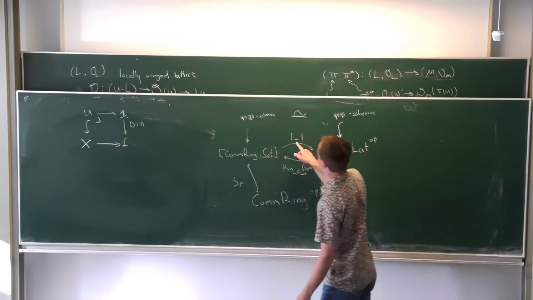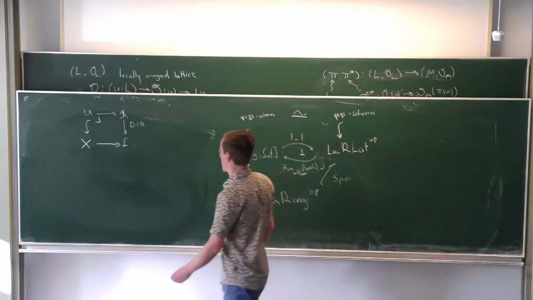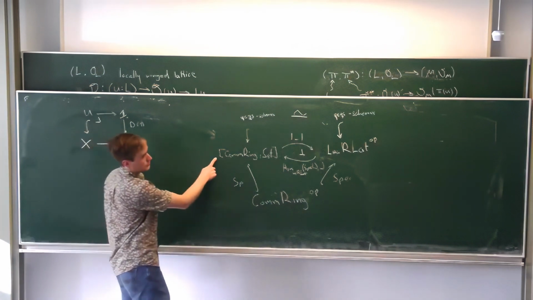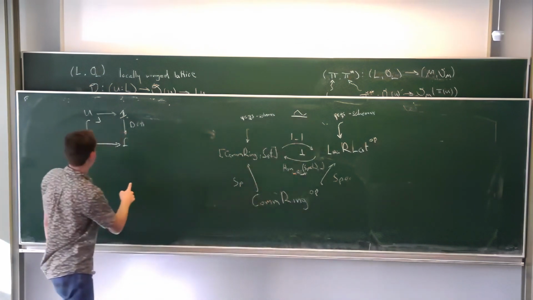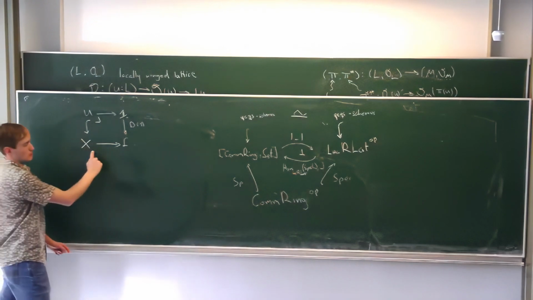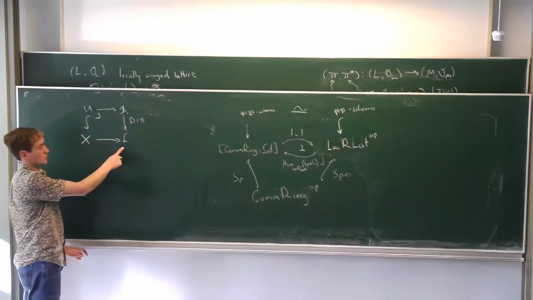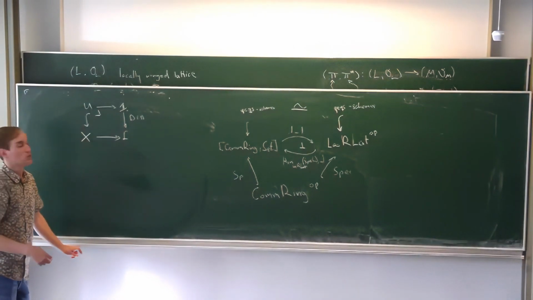So what this functor does, it sends any pre-sheaf to the lattice of compact opens, so the lattice of maps from X into the Zariski lattice pre-sheaf.